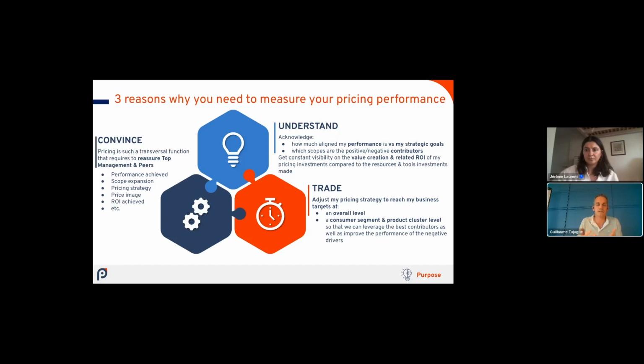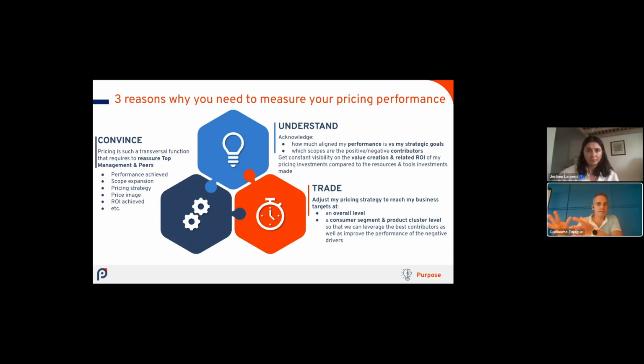Hence, we need to embark all of our colleagues, all of our stakeholders, as well as our top management, in terms of understanding what performance we achieved, what methodology we used in order to measure this performance, what the ROI was, what the impact was on all of the relevant KPIs that are of interest for us, but also for them, and of course the elements related to what the performance was of each single type of score.